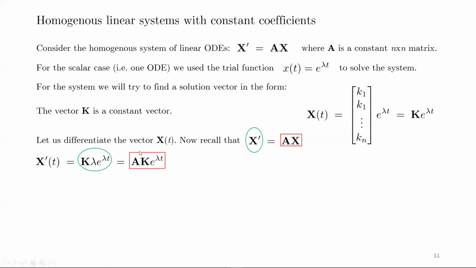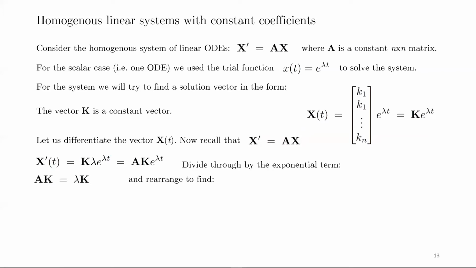Just to show you, this part in green came from differentiating the trial function, whereas this part in red came from the definition that x prime is equal to A times x. I can divide through by the exponential terms on both sides, because that's never going to be 0 for finite t. So I get the matrix A times the vector k is equal to the constant lambda times the vector k.